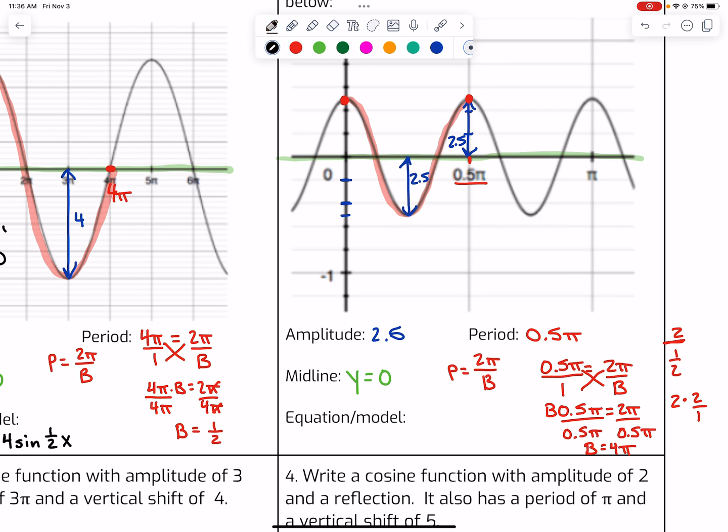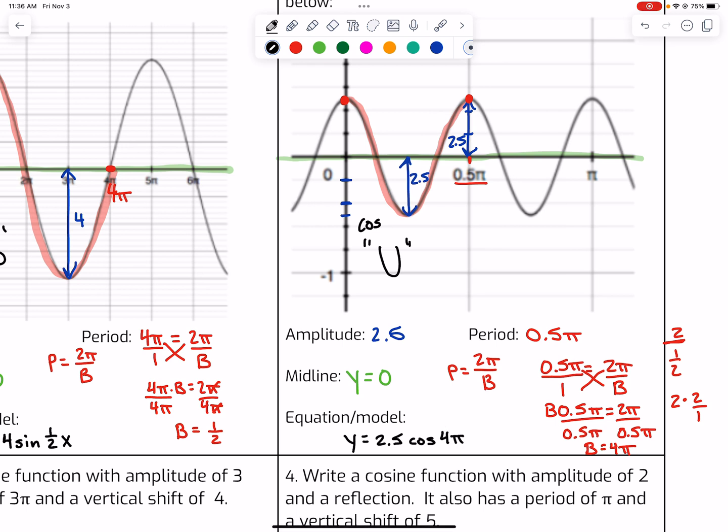I know it's positive because it's facing up. It looks like a U-shaped graph, but it's facing up instead of down. And therefore, it's also a cosine graph because it looks like a U shape instead of an S. So y equals my amplitude, which was 2.5, cosine, and then I've got the b, which was 4 pi.